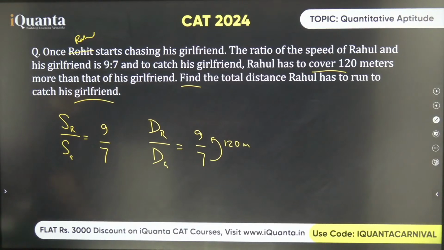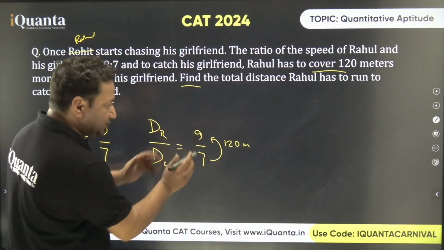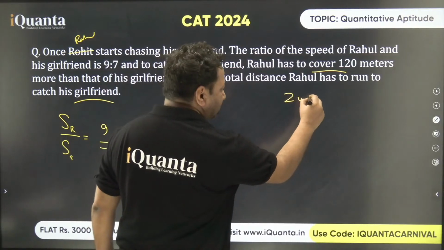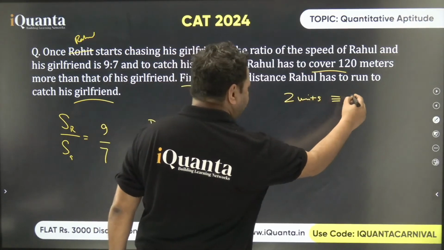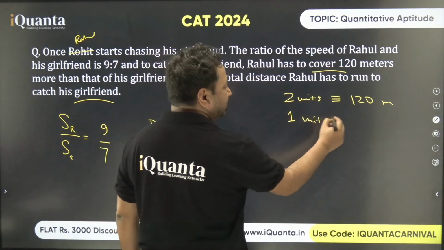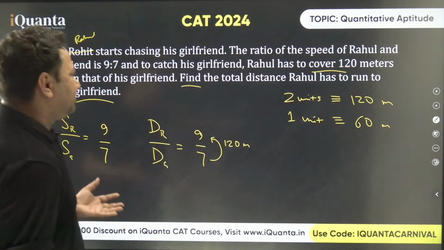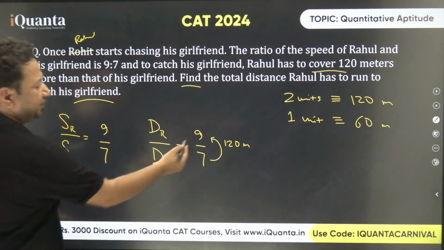All right. 120 meters. 7 to 9. So 2 units are equivalent to how much? 120 meters. That means 1 unit must be equal to 60 meters. And Rahul kitna run karega? Rahul has to run 9 units.